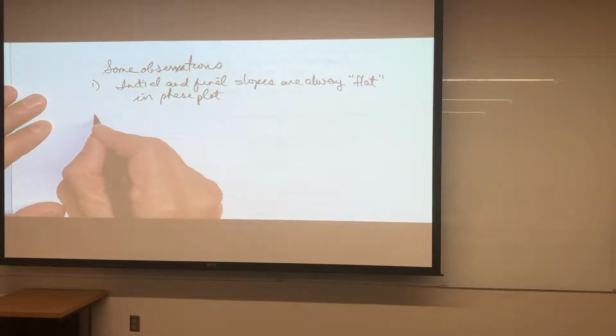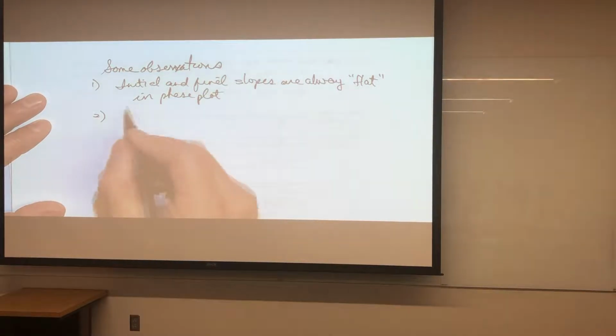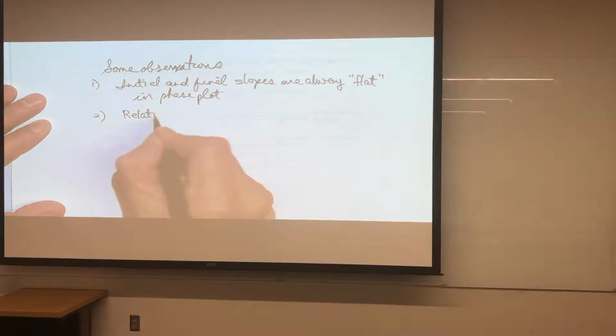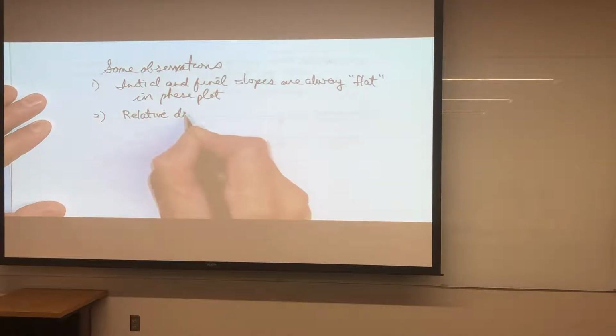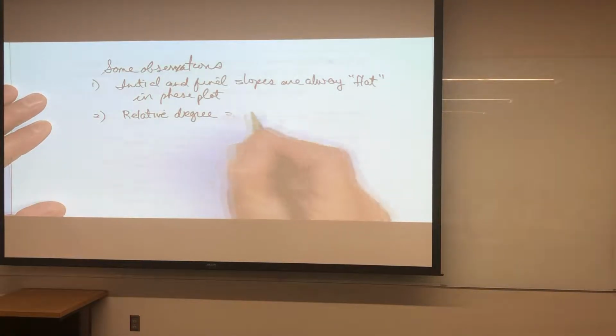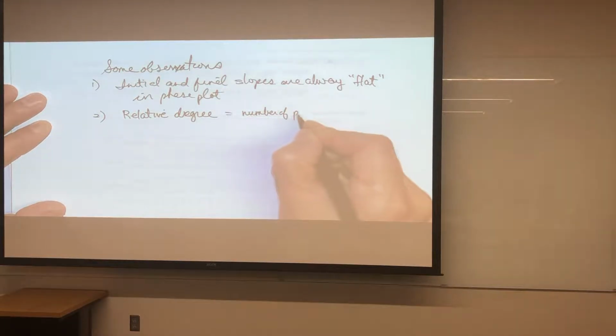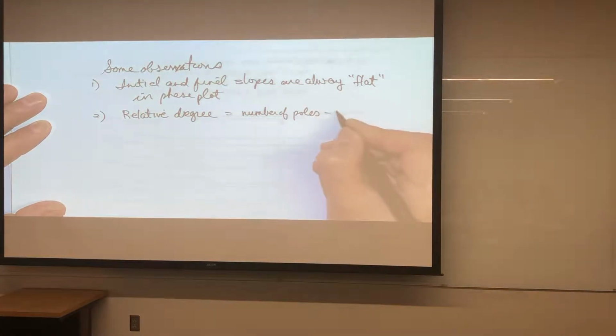The other thing that I want to introduce is a term called the relative degree. The relative degree is equal to the number of poles minus the number of zeros.